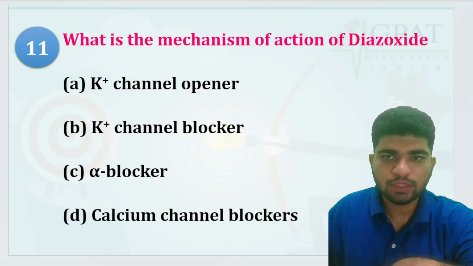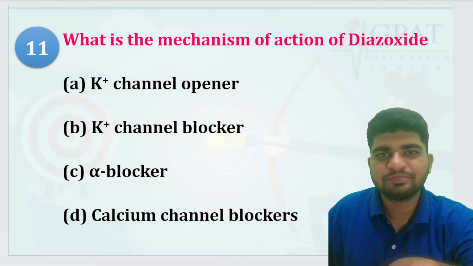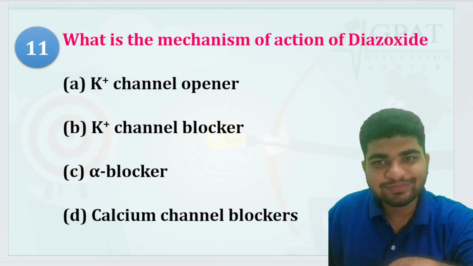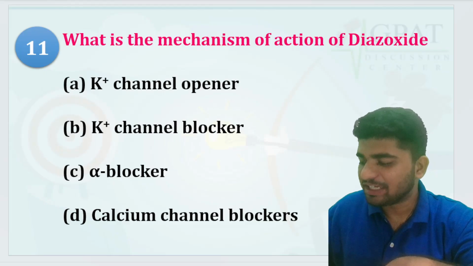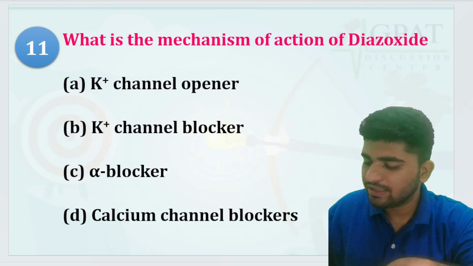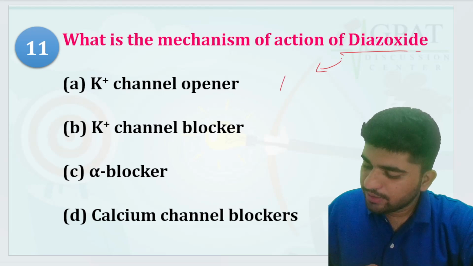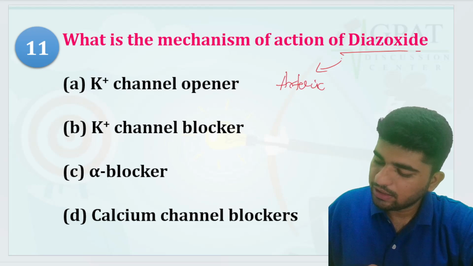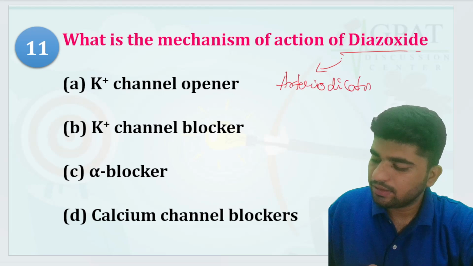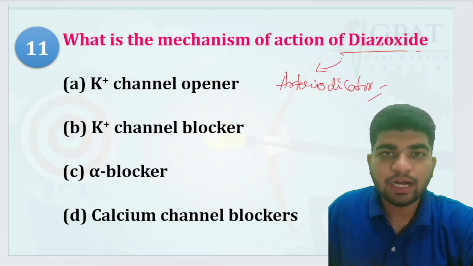So, what is the mechanism of action of diazoxide? Should I tell you? Yes, I should tell you that diazoxide is an arteriodilator. But how will it cause the arteriodilation?